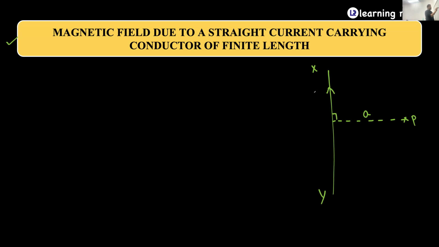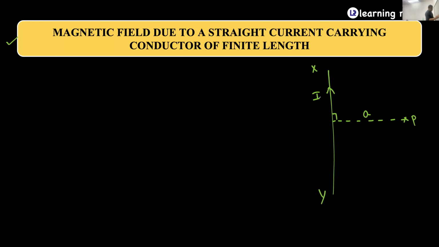And in this scenario, let's say that the current I is flowing in the upward direction. So all that we need to do is calculate the magnetic field due to this whole conductor XY. But here the question that we need to answer is, we know that according to Biot-Savart law, the value of magnetic field is calculated not due to the whole conductor, rather it is calculated due to a small current carrying element, right?